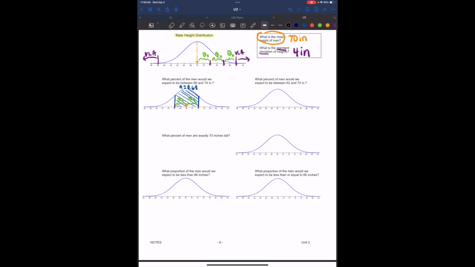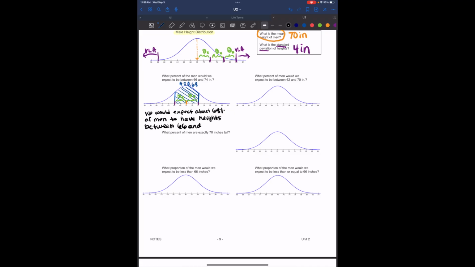I would say, we would expect about 68% of men to have heights between 66 and 74 inches. Cool, let's do another one.